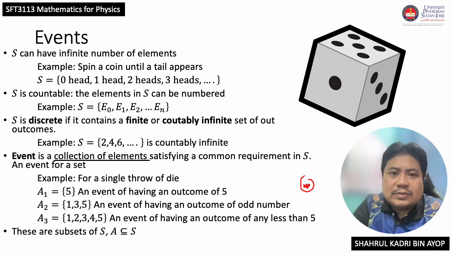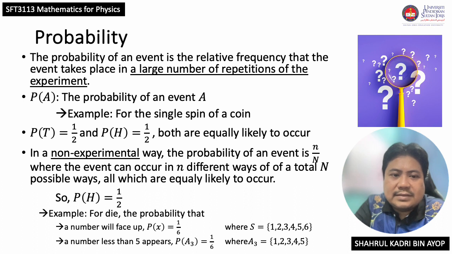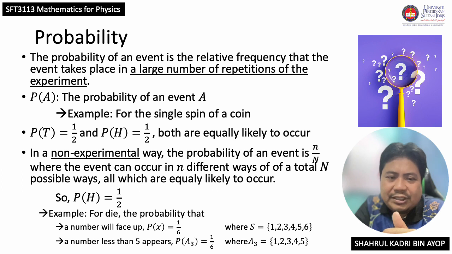Let's go to the next topic, probability. The probability of an event is the relative frequency that the event takes place in a large number of repetitions of the experiment. Okay, for example, again we have the probability of event A. For example, we want a tail to occur.